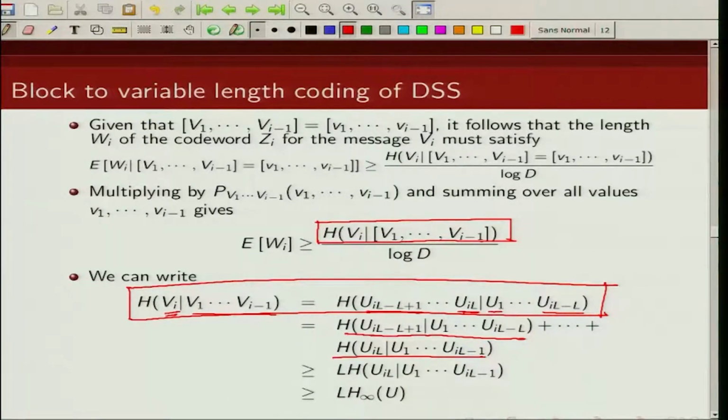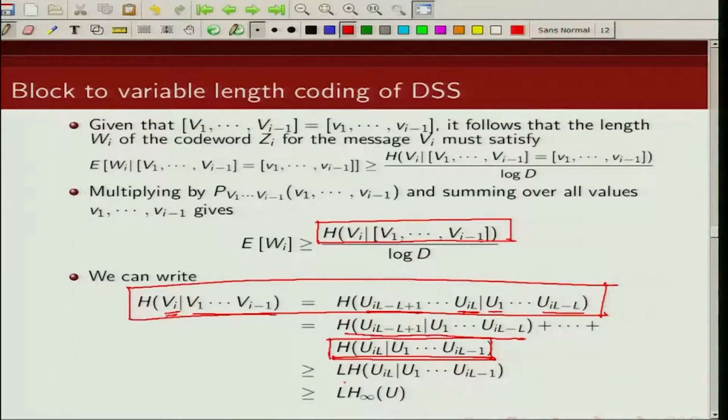Now again, from the property of the sequences that come out of a discrete stationary source, we know that as the number of conditioning letters increases, this is a non-increasing function. So the smallest term here would be this particular last term, and there are L such terms.